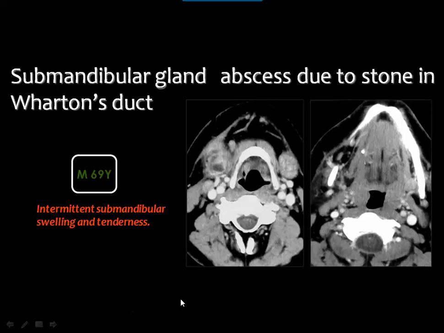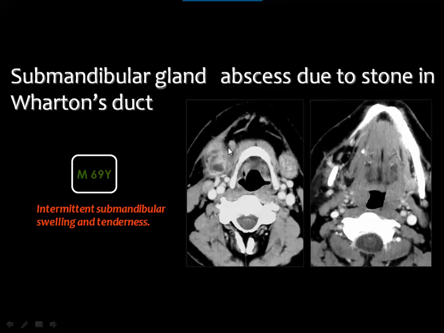And this is inflammation of the right submandibular salivary gland, secondary to obstruction of its duct by this small stone located along the course of the submandibular duct. The left submandibular gland is good concerning its density and enhancement, with the surrounding fat planes clear.